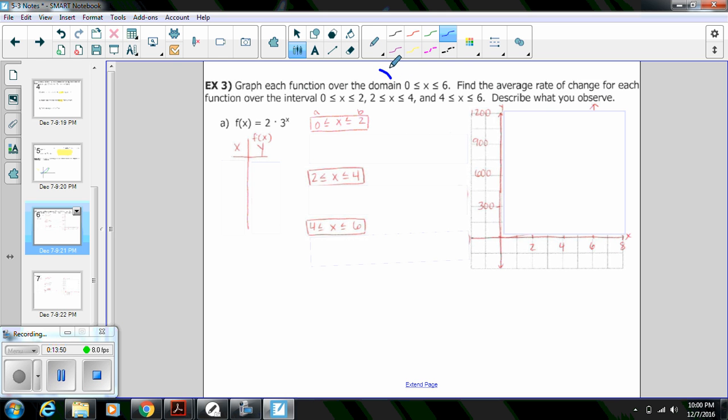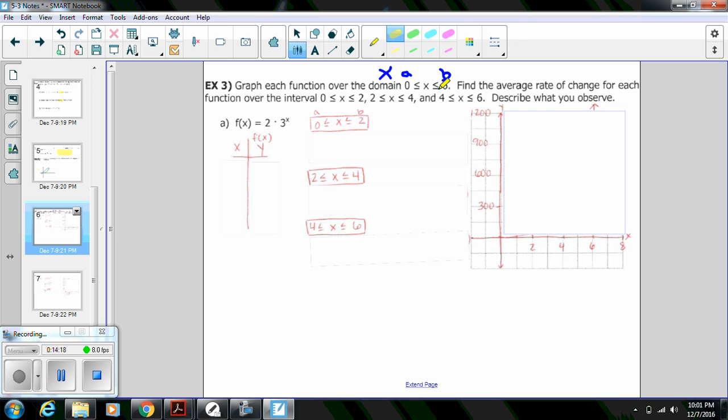Domain is x. That's why over here we have 0 is less than or equal to x, which is less than or equal to 6. So remember, on the last slide, this was your A, this was your B, okay? It says find the average rate of change.